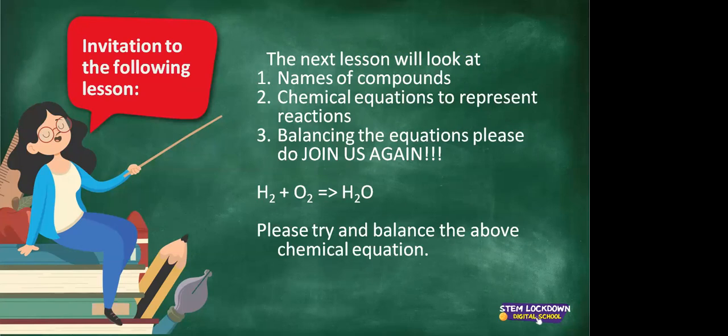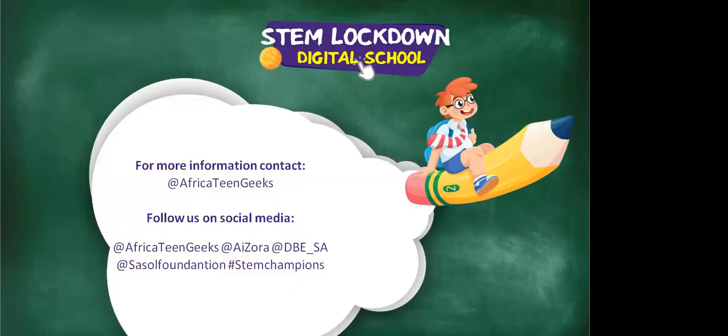If you look at H2 plus O2 and the product is H2O, we've got 2 hydrogens on this side and 1 oxygen. If this side we've got 2 oxygens, then on the right-hand side there must also be 2 oxygens. We'll learn how to balance the equation in the next lesson.